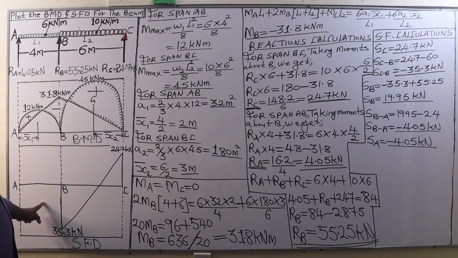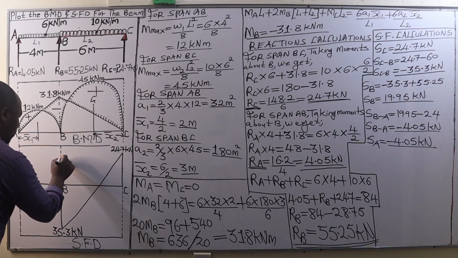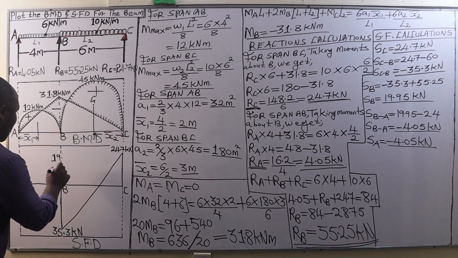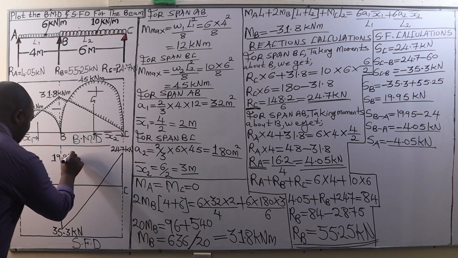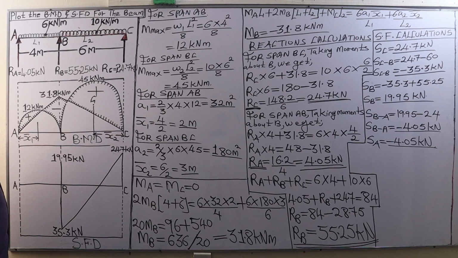The shear force at B is 19.95, which is positive, therefore it is going to appear above this line, and it is just a few units below 24.7, so let's approximate it to be at that point, and we are going to have 19.95 kilonewtons being the shear force at B. Then the shear force between B and A will change uniformly from 19.95 to negative 4.05.